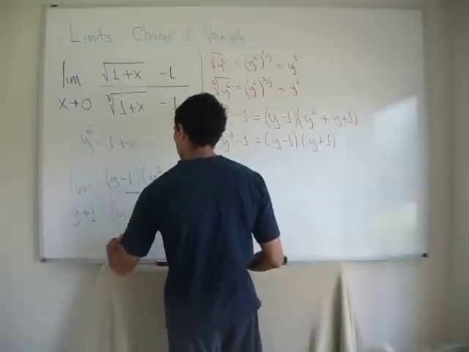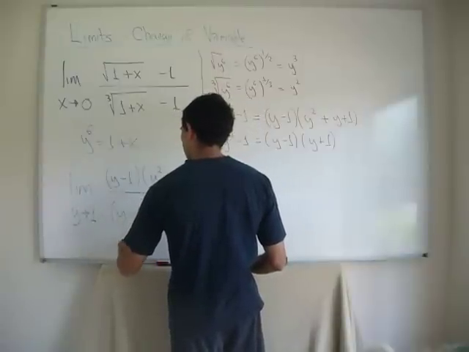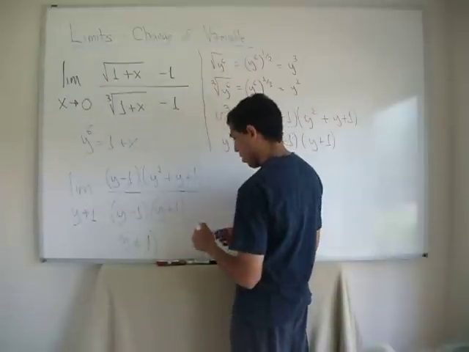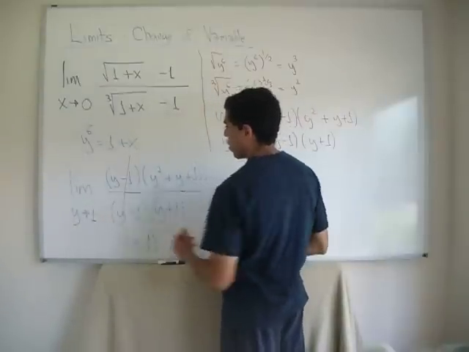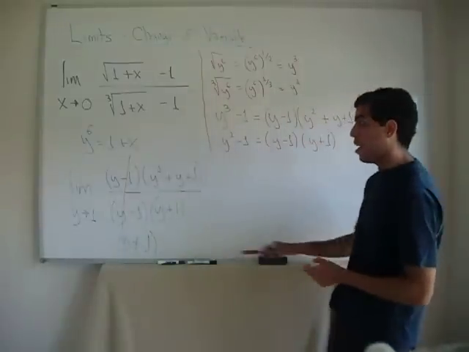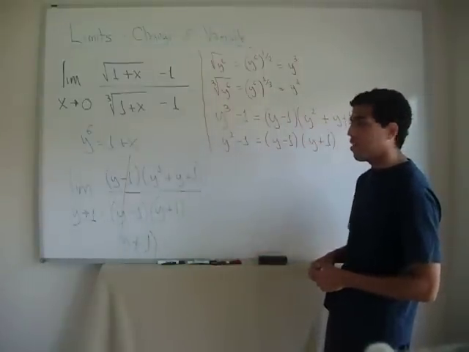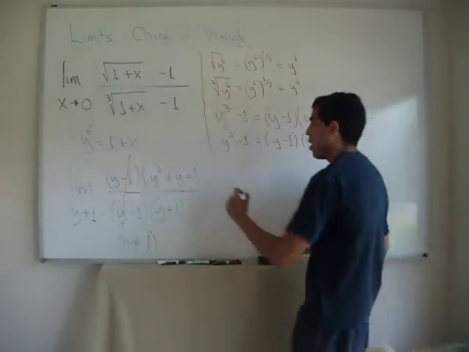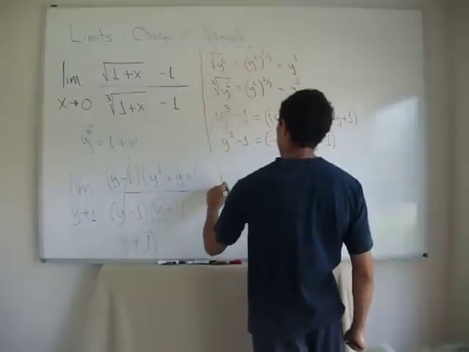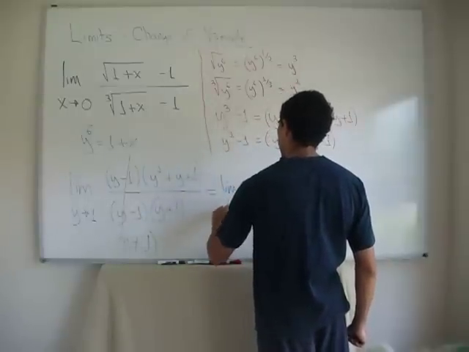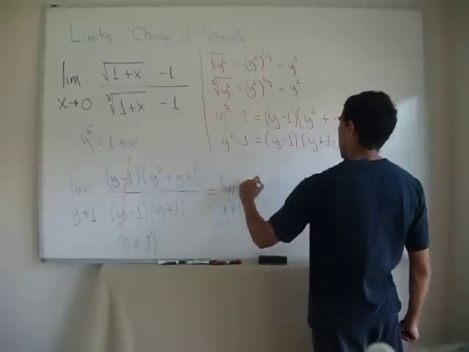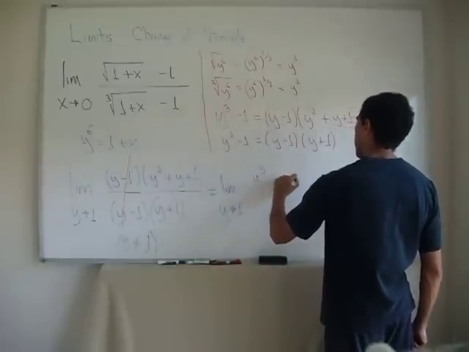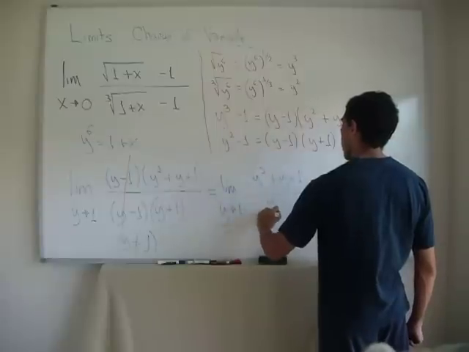And since y is different than 1, these two cancel each other. And there we got rid of the indetermination. And that's it. So we end up with limit of y tending to 1 of y squared plus y plus 1 over y plus 1.